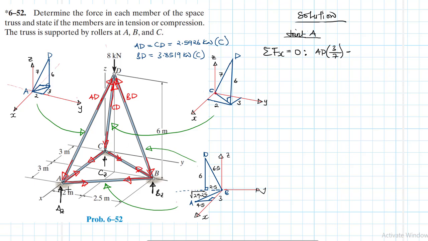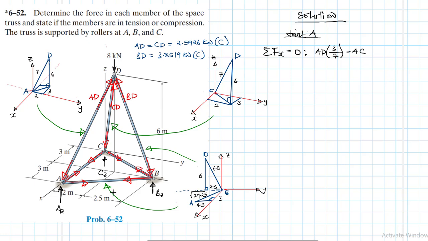It's going away from joint A, so it's minus AC. We don't need any slope. And then we have AB. We are going to use this for the slope. It's just in one plane, which is the XY plane.